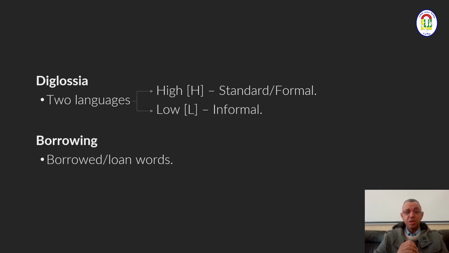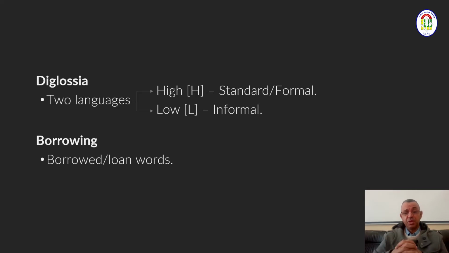A speaker of Arabic may, at the same time, use what we call the high standard form of the language, as well as the low or informal language. Of course, the use of the high standard formal language and the low informal language depends on the purpose of communication, and also on where the speaker is.